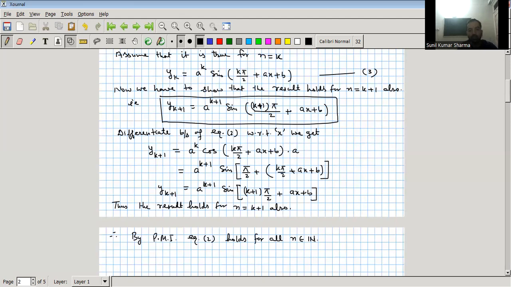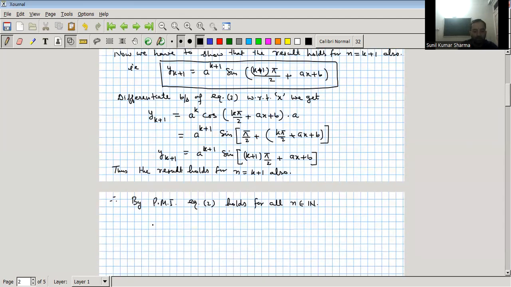So this result is true for every n, that is y_n is equal to a raised to power n sine n pi by 2 plus ax plus b.